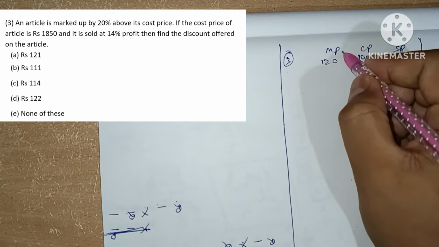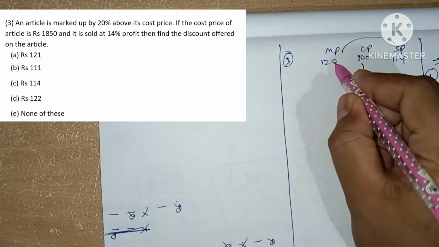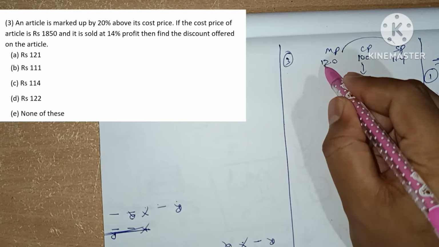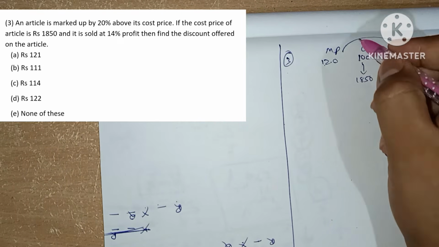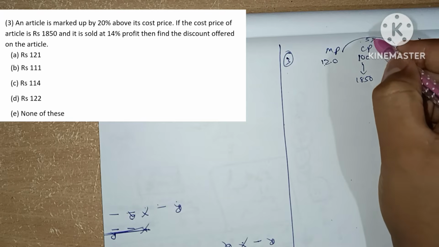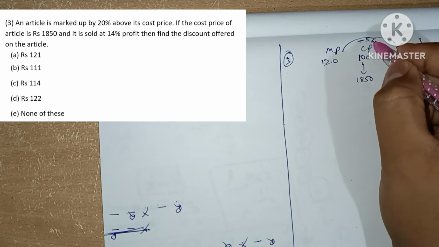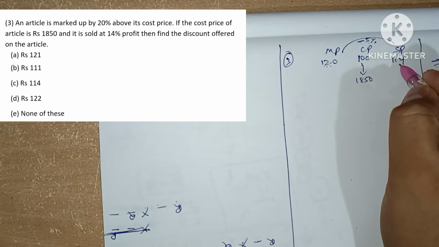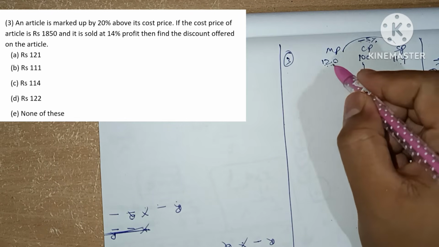So the discount given from marked price: 10% value is 12, half of 12 will be 6, 5% value is nothing but 6. 120 minus 6 will be 114. So 5% discount is given for this one.